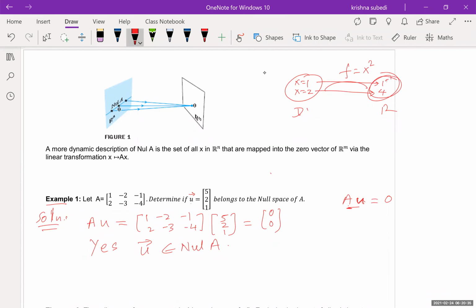Same way, we have an object x, or U in this case, a vector in the domain, and there is matrix A, and if we multiply that, it gives 0.